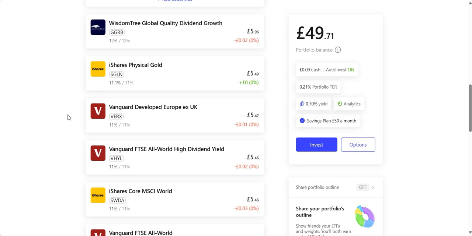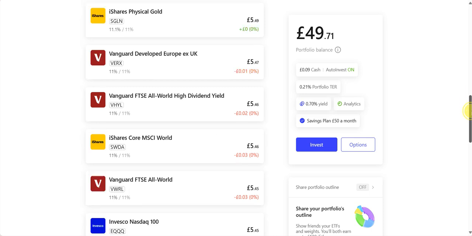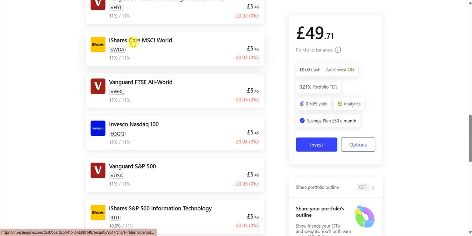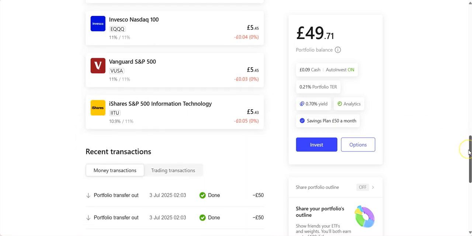Europe, so I'm just not in America. All world, so again, not just America, even though it's probably like 50% America. And the same for core world and all world. NASDAQ 100 for tech. S&P 500 is the benchmark, and IT because it has the better returns.